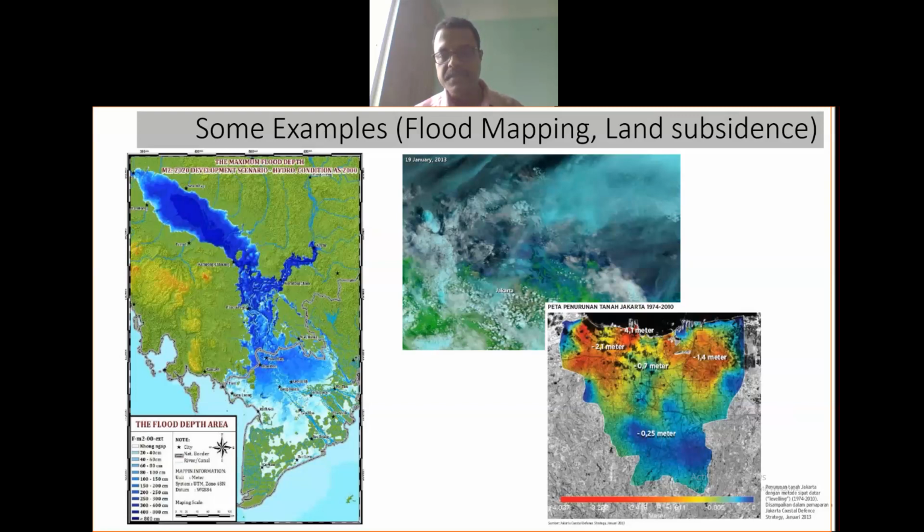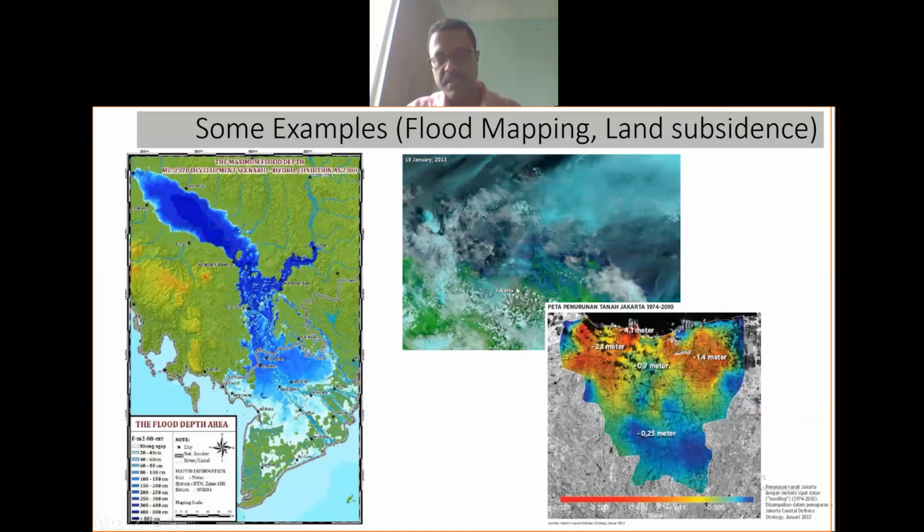On the right hand side of the screen, it is also a very interesting application of remote sensing. Here you can see the city, or probably you haven't seen the city because it is obscured by clouds. Let me tell you that this is actually the capital city of Indonesia. So this is Jakarta.